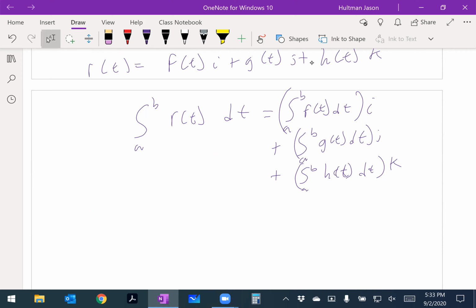Okay, so we just integrate the pieces individually.